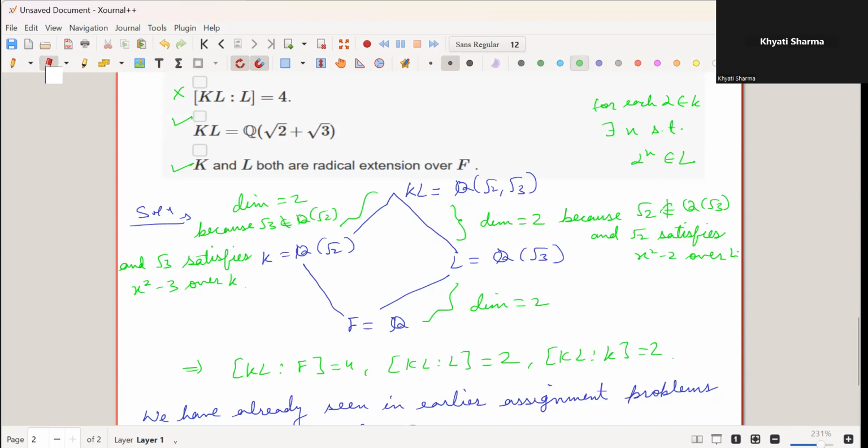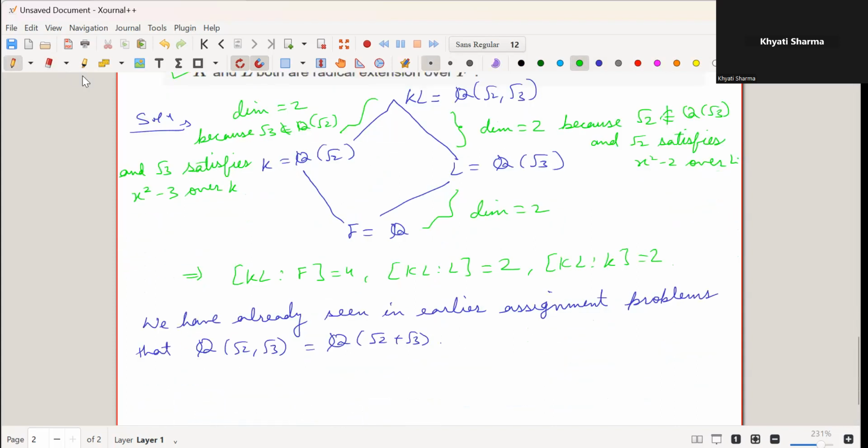Basically we define a simple radical extension as an extension of the form Q adjoint alpha, such that alpha to the n is inside Q. Here alpha is root 2 in case of K, and root 3 in case of L, and the squares of both of them are inside Q. So they are simple radical extensions of F. So the last option is also correct, just by the definition of simple radical extension that we have seen.